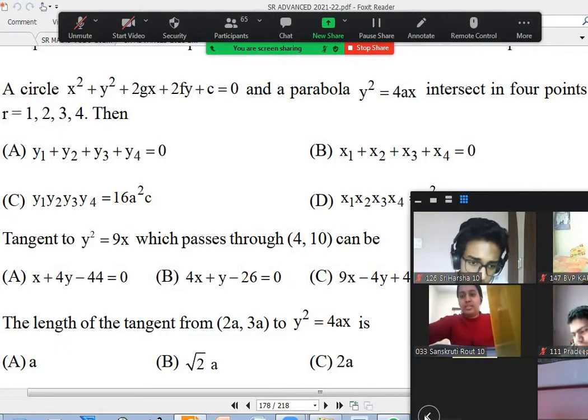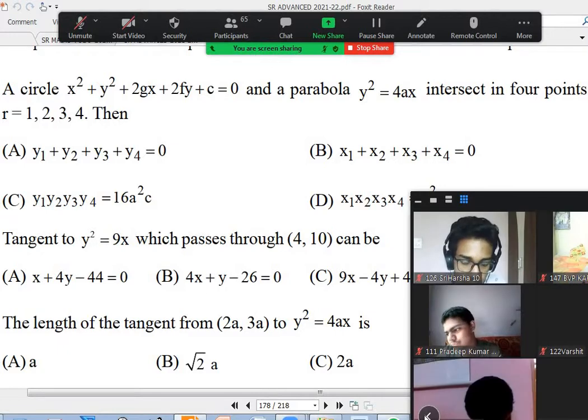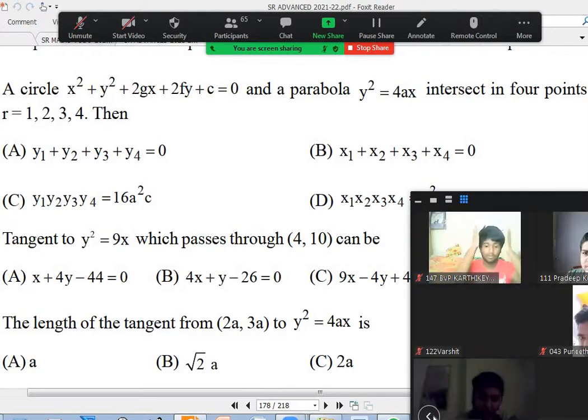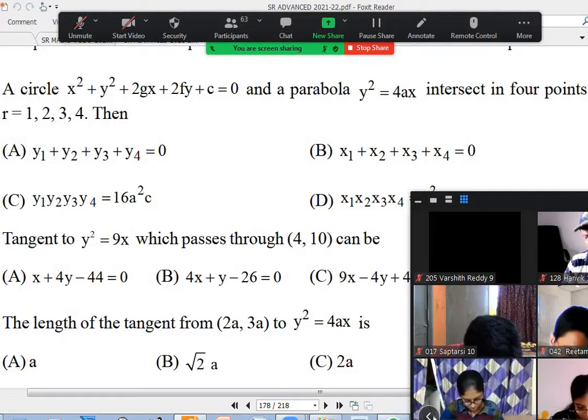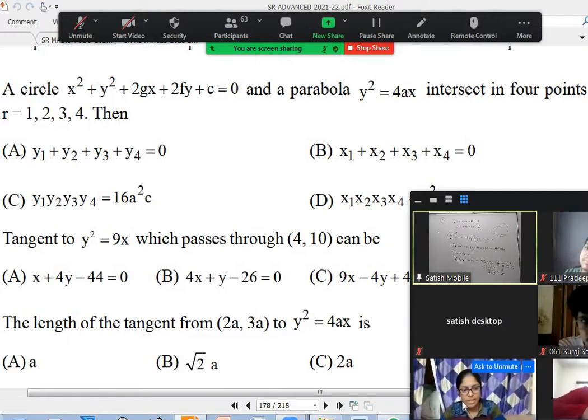Sir, few questions are left in the numericals. Okay. Pradeep Kumar? Numericals are left, sir. Last few questions. Okay. Udayalakshmi, you might have completed, right? No, sir, few are left. Okay.